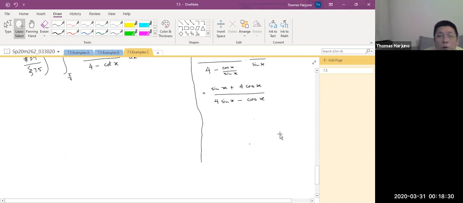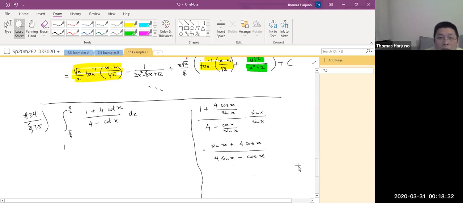Okay, so let's look back. I have this equals the integral. Notice that, let me substitute this first. This is sine x plus 4 cosine x over 4 sine x minus cosine x dx.